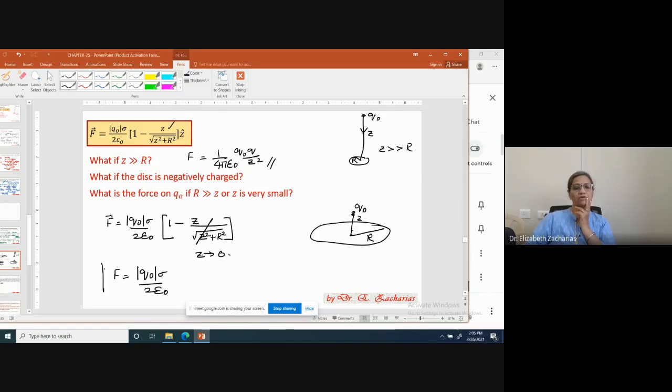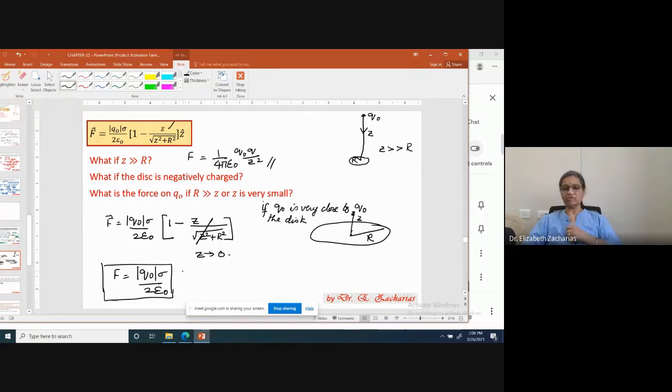So this will be the expression for the force when the size of the plate is very, very large compared to the distance Z. Or you can put it in another word, if Q naught is very close to the disk, the disk will appear to be large. So then the force will be equal to Q naught sigma by 2 epsilon naught.